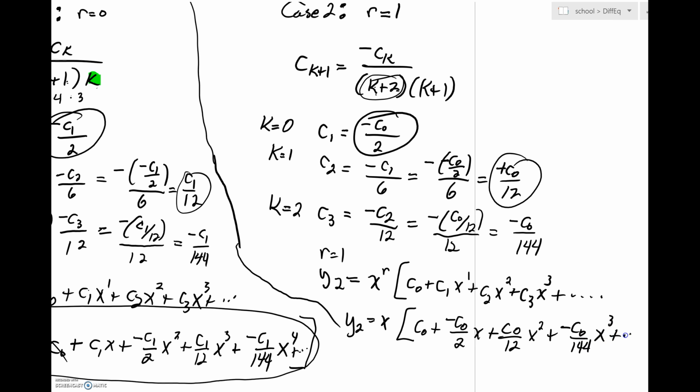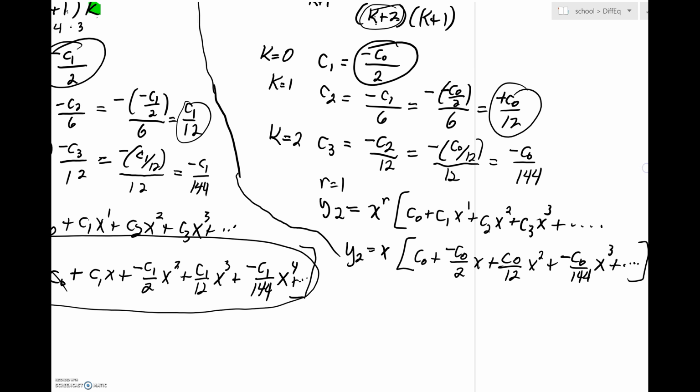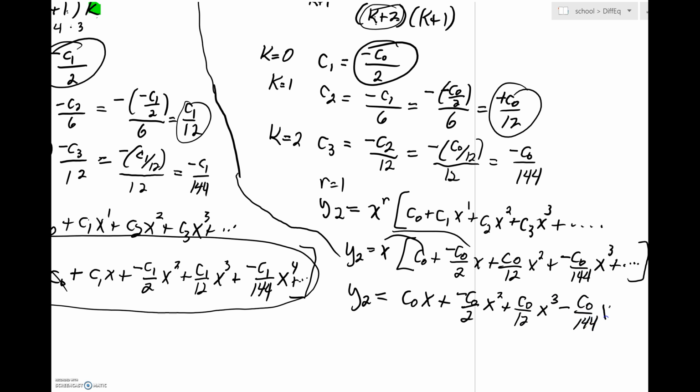And it's so easy to just kind of glance at this and give a ho-hum, oh yeah, here we are, until you distribute that x back in. And you see, when you distribute that x in, you're going to say, well, I'll have a c sub 0 x plus, here's a negative c sub 0 over 2 x squared plus c sub 0 over 12 x cubed minus c sub 0 over 144 x to the 4th.